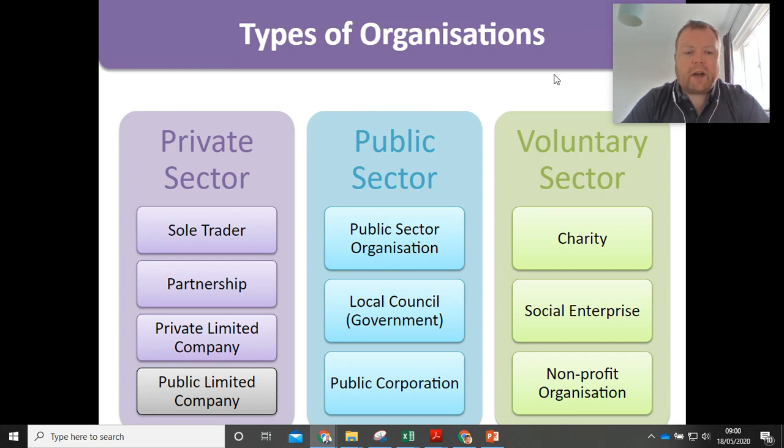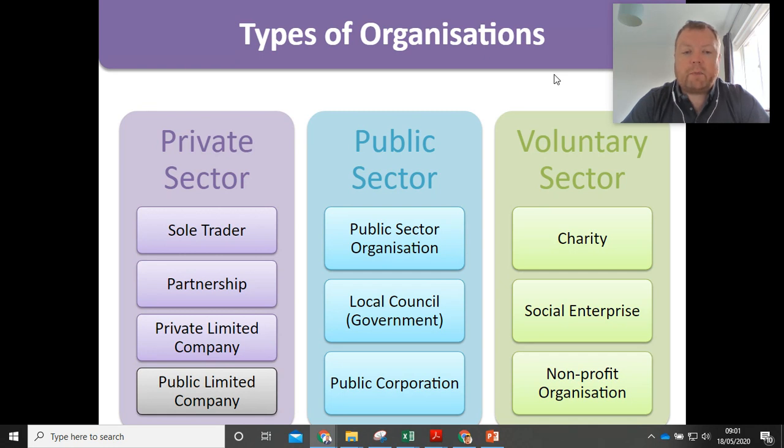Then we have private and public limited companies. So these are businesses that are owned by people who buy shares in the business. If you ever watch the news, you might see at the end they talk about the share price went up today or the share price went down, or at the moment you'll see the share price is at an all-time low because of everything that's happening with COVID-19.